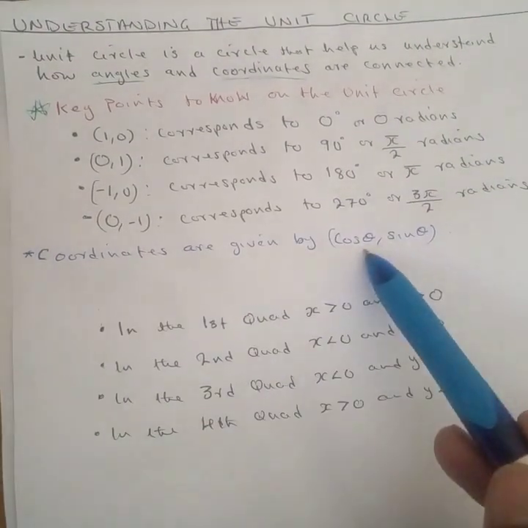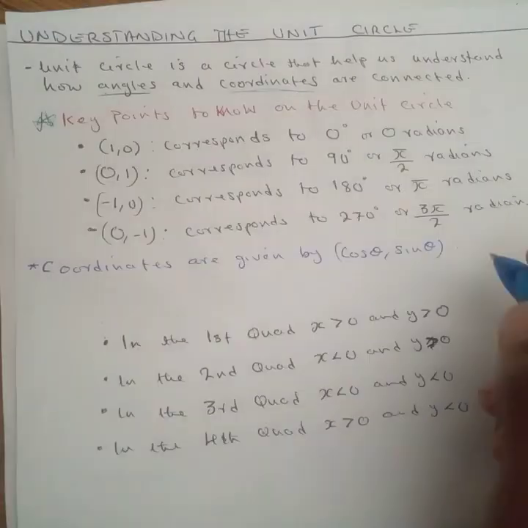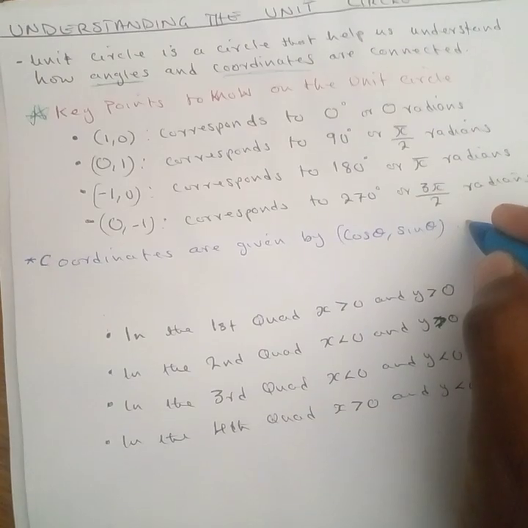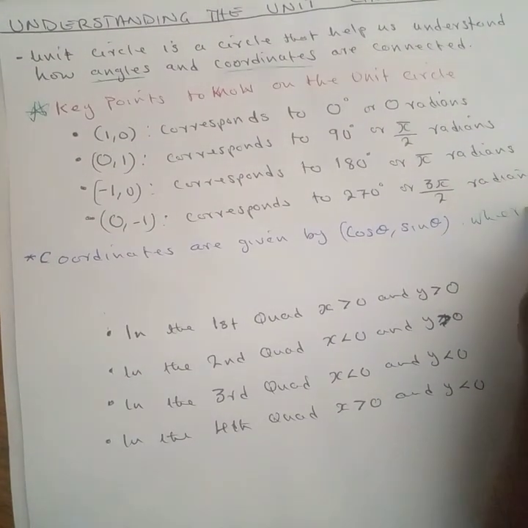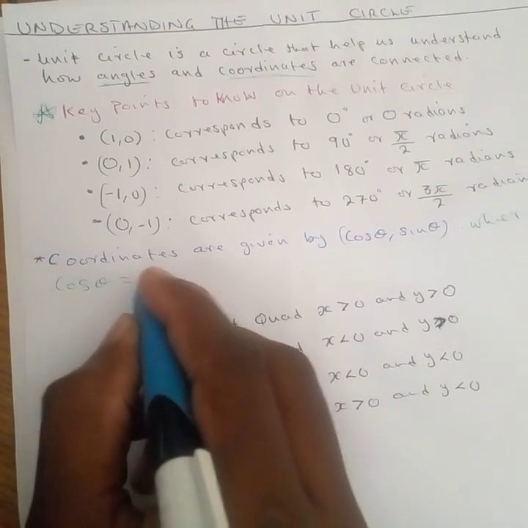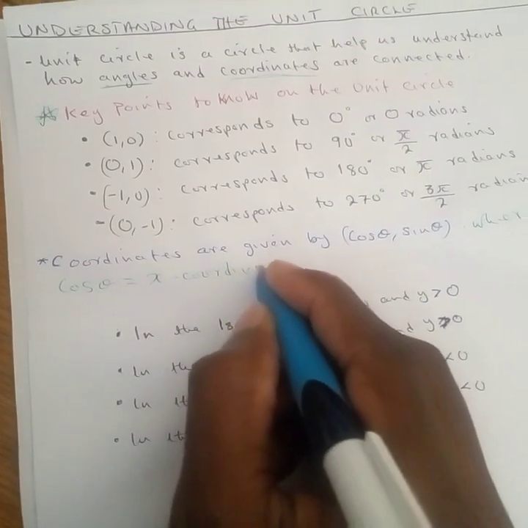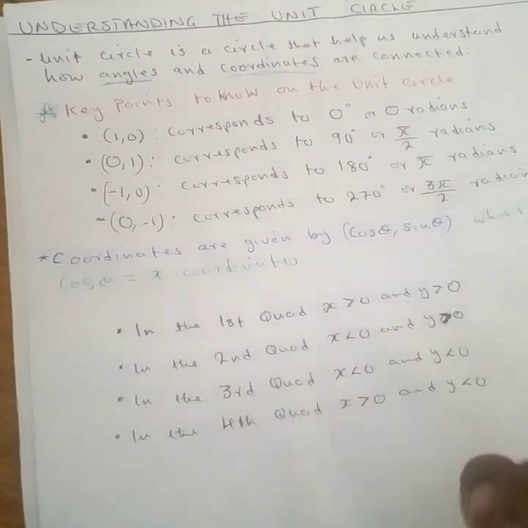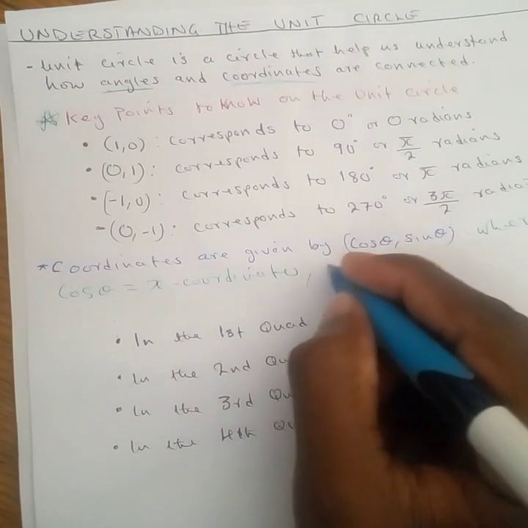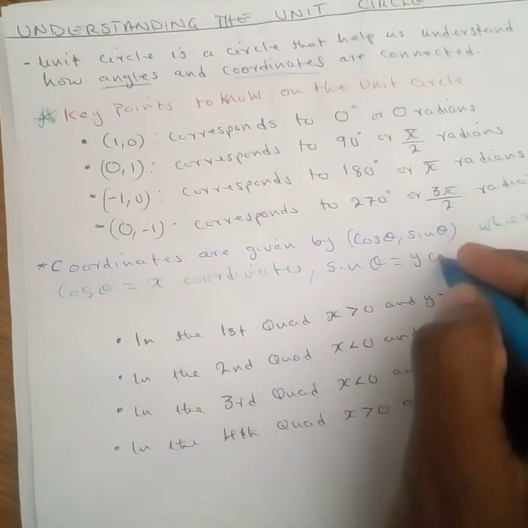So in other words, cos theta is equal to the x coordinates, and sine theta is equal to the y coordinates.